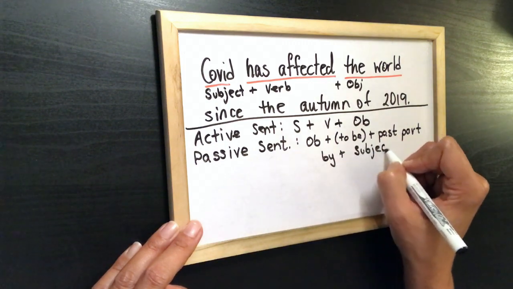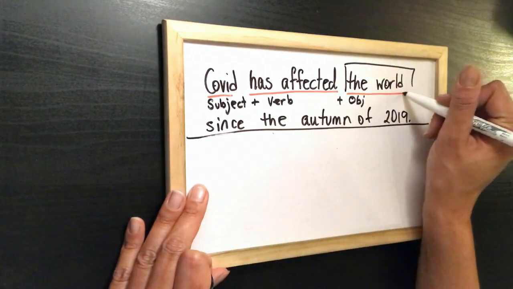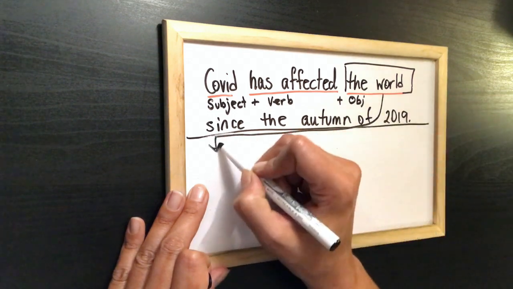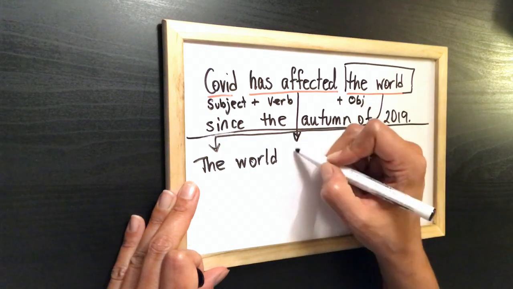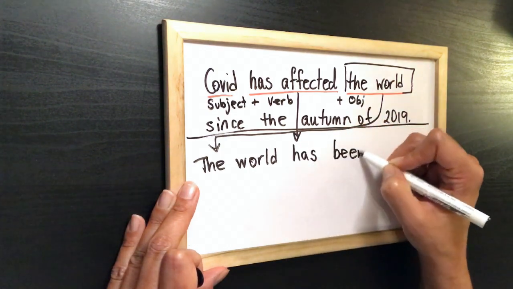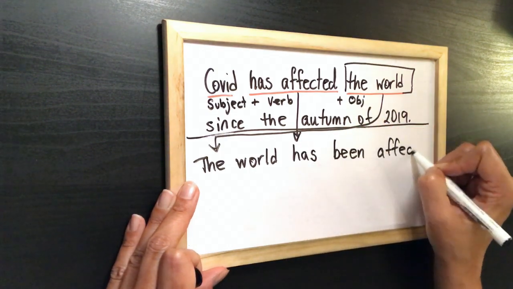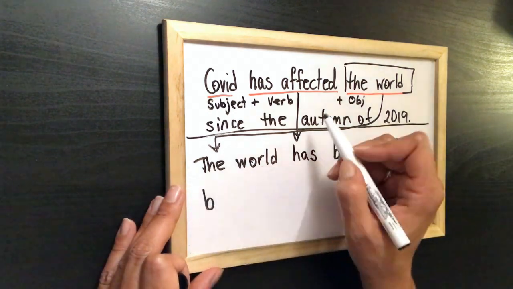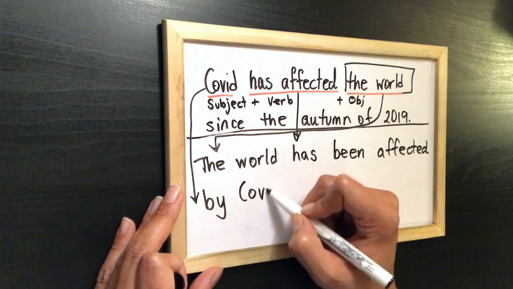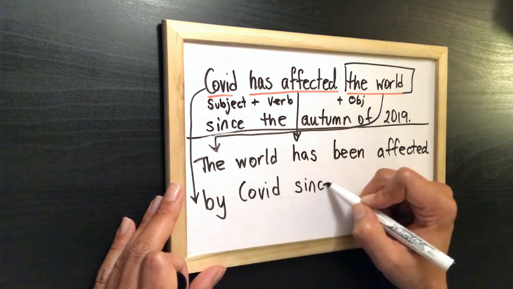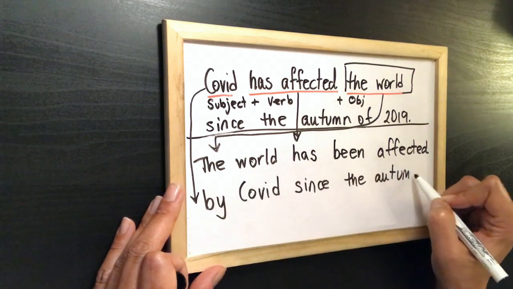Why? It's important. If we're living in this day and age now, and you say the world has been affected since the autumn of 2019, everybody knows what you're talking about. But let's say you watch this video 5 years from now, 10 years from now. You won't know what I'm talking about, or maybe you will, but maybe you won't.